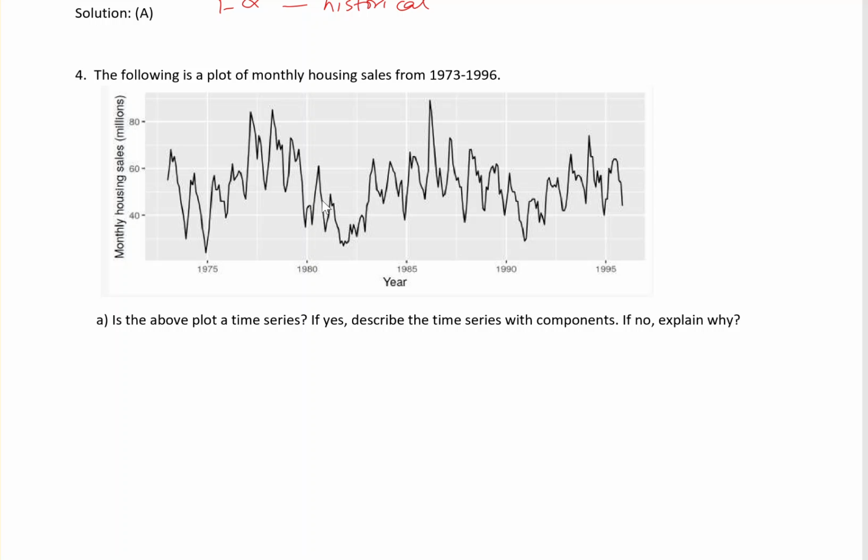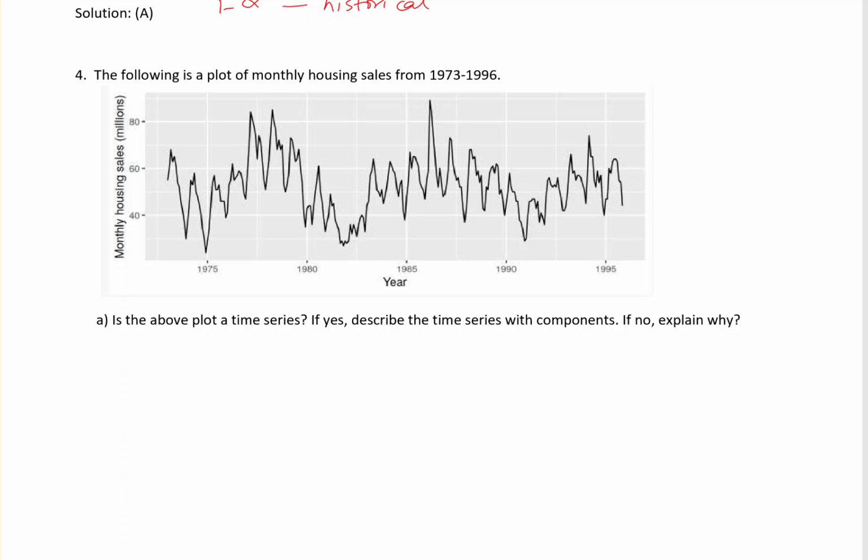All right, and number 4, the following is a plot of monthly housing sales from 1973 to 1996. When you look at this plot, it's just a time series plot. The x-axis is the year, y is the monthly housing sales.